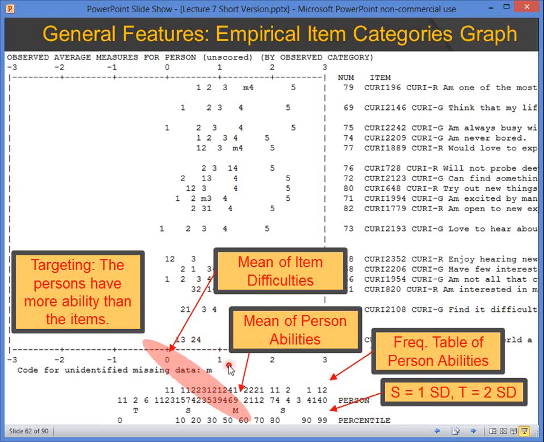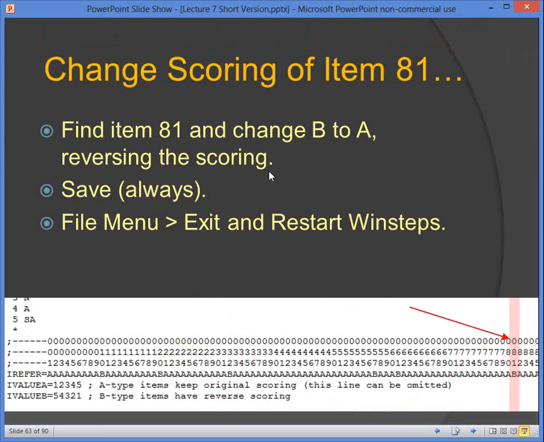Even though the targeting is somewhat off, the different levels of the Likert type item extend far up the continuum of person abilities, and so the fact that we have Likert type items compensates for the poor targeting.